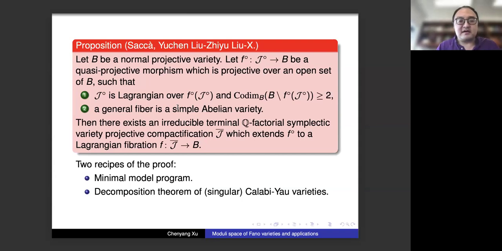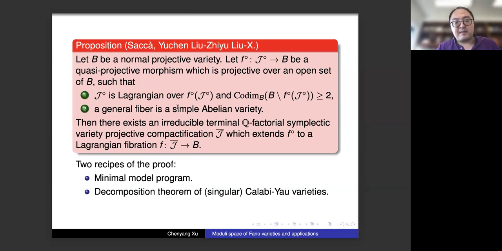And then I further assume that a general fiber of this morphism is a simple abelian variety. Then we prove that there exists an irreducible terminal Q-factorial symplectic variety J bar, which gives the Lagrangian fibration over B. But this J bar is an irreducible symplectic variety, and it might not be smooth. The trade-off is that we use MMP, so the best thing we can get is terminal and Q-factorial.